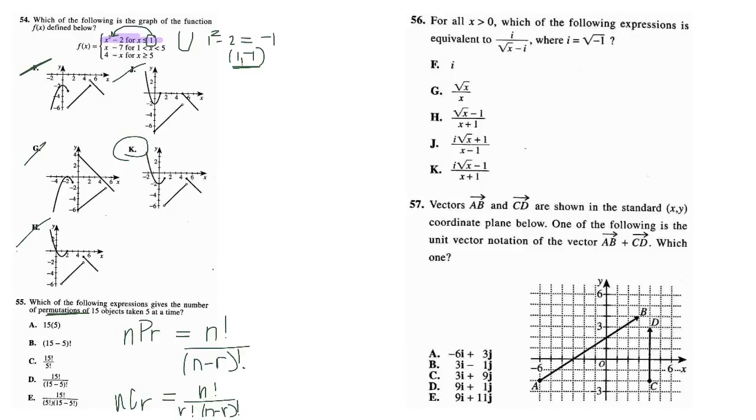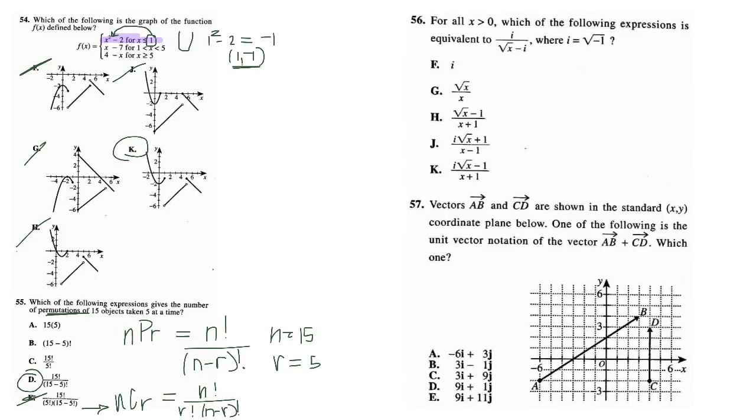In this problem, n is going to be 15 and r is going to be 5. So if you just knew what the formula looked like, the only one left that looks remotely like the formula itself is answer choice D.